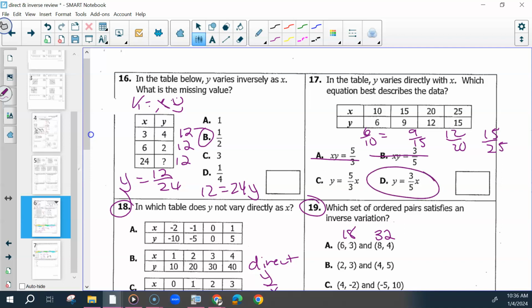So d. Is it always y over x? For direct, yes. And for inverse, it's y times x, it doesn't matter. Other questions?